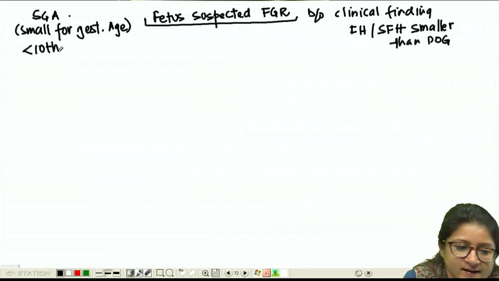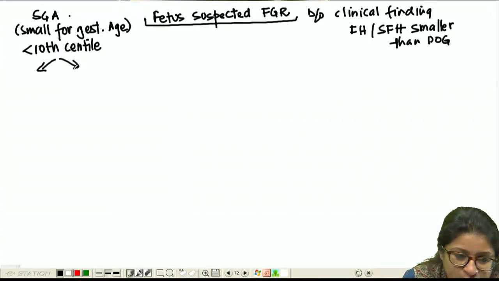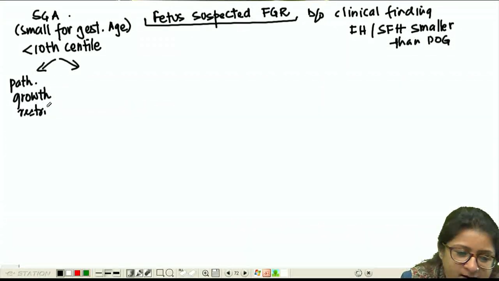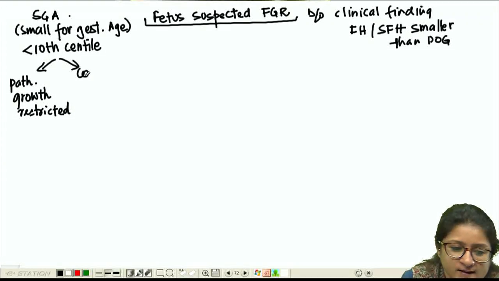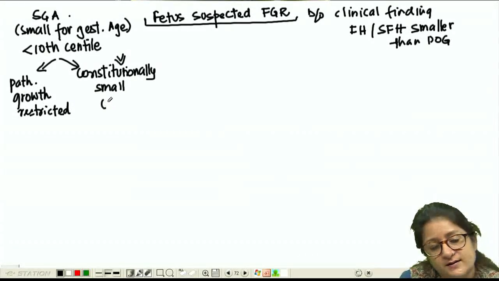That means it is less than 10th centile for that gestational age. This small for gestational age could be pathologically growth restricted, or it could be constitutionally small. Okay, majority of such babies are actually constitutionally small.